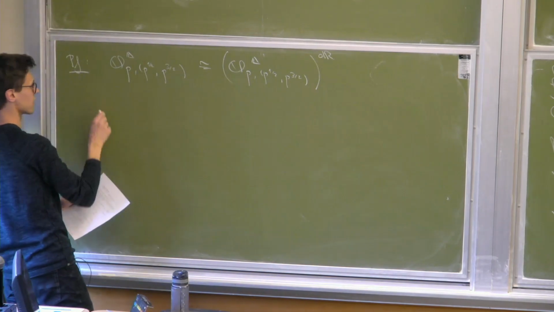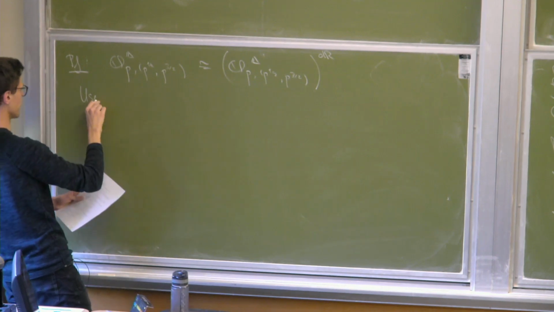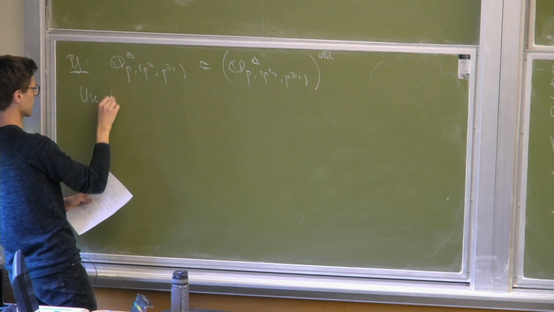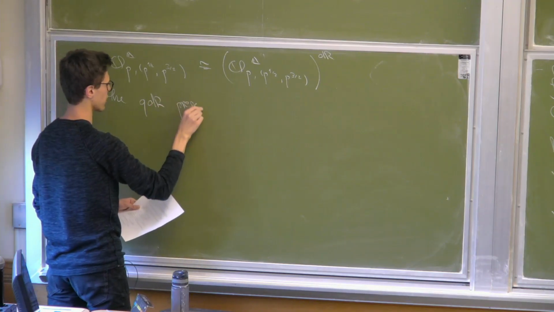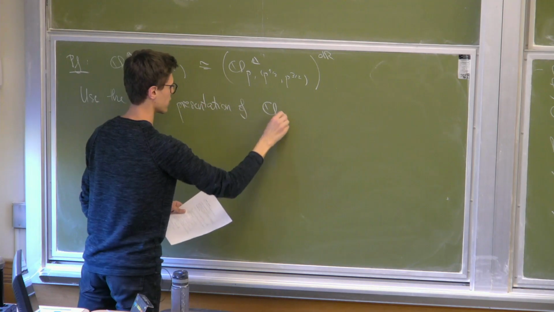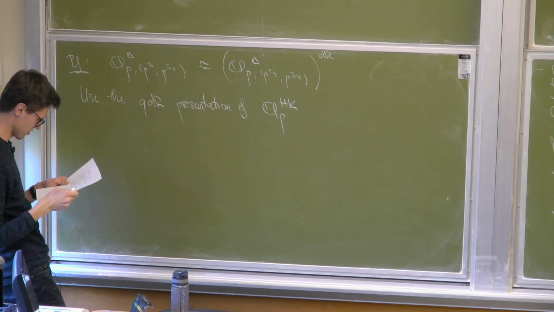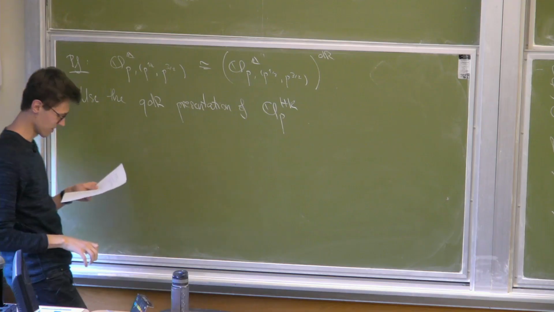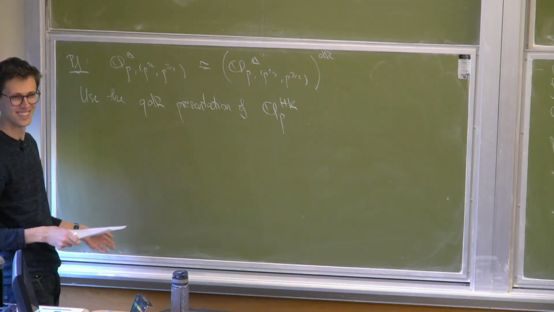And then, as I said before, you use this definition of Q_p^N as a pullback, and you use the Q de Rham presentation of Q_p hyperpat. Maybe I don't want to say anything more about this. It's a computation.